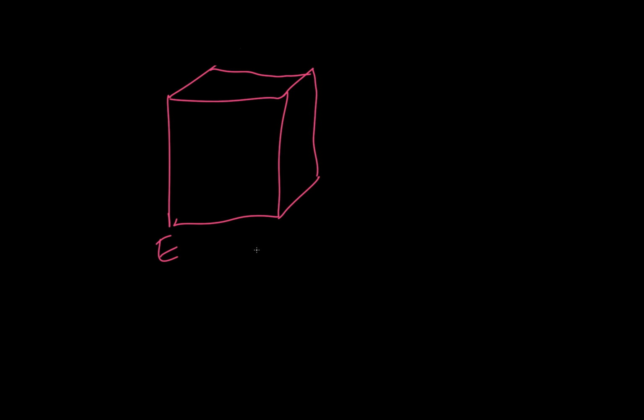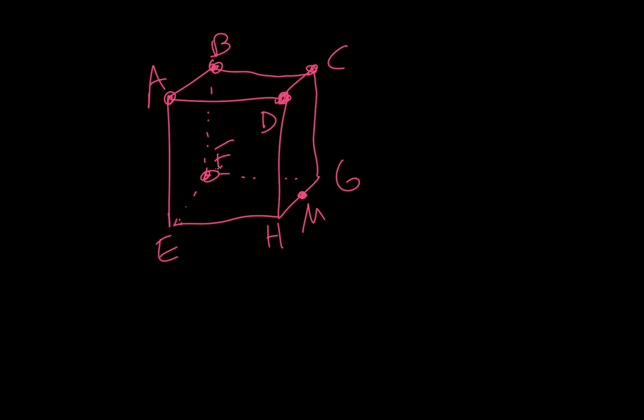So E, H, M, G, D, C, B, A, and this one's F. Okay, I think I got all those. It says all the side lengths are 12, and M is the midpoint of these two, so those are the same distance. So HM would be 6, and MG would also be 6.